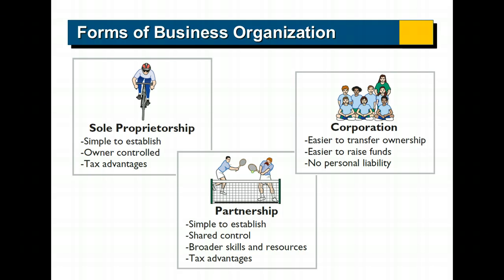This is where a single individual one day wakes up and says, I'm going into business today. So they are on their own. The ease of formation is fairly simple. They have to raise their own money, and they own it, and they control the business.